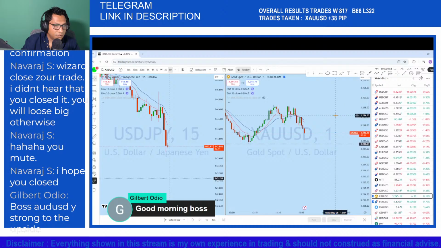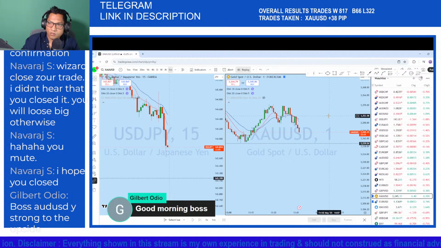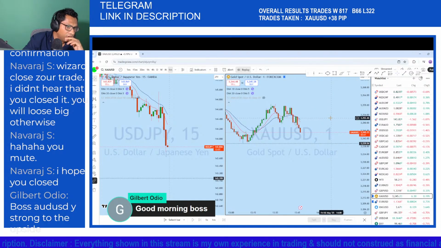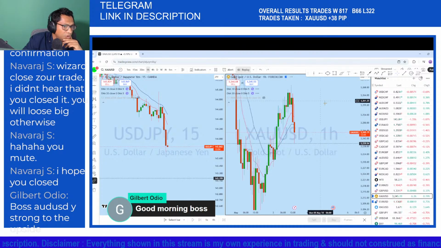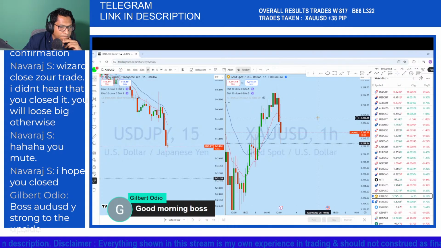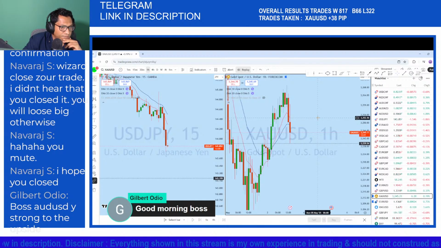In this area, if we look for a potential entry for this possible move, let's look at the 1-hour candle closing as a doji.